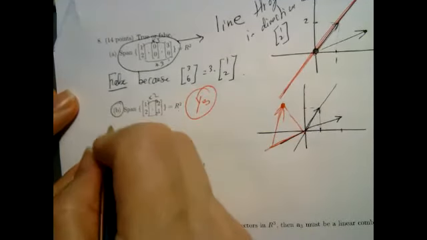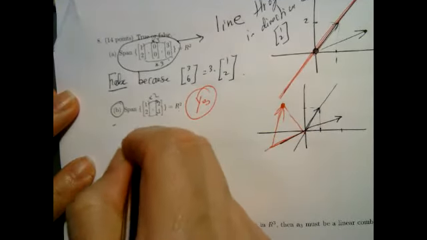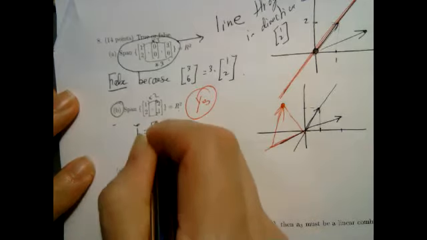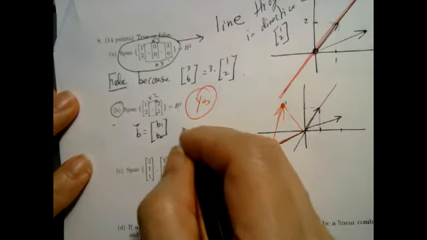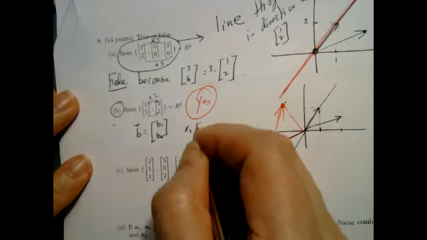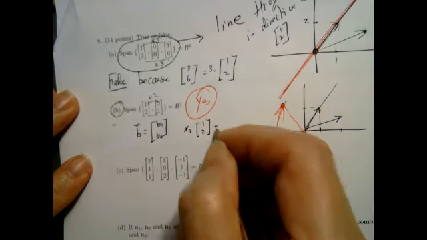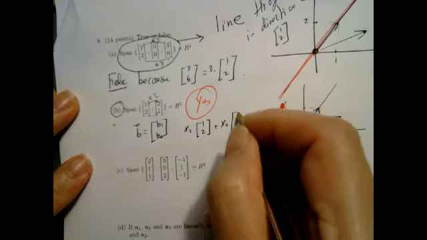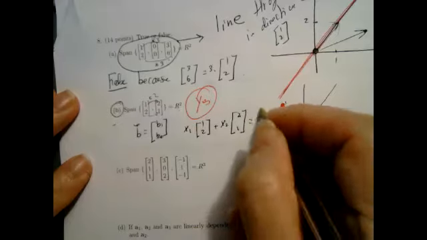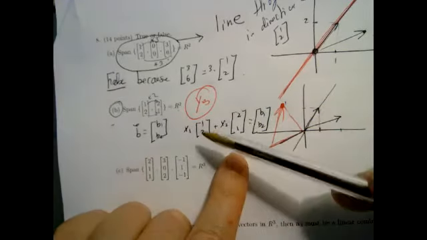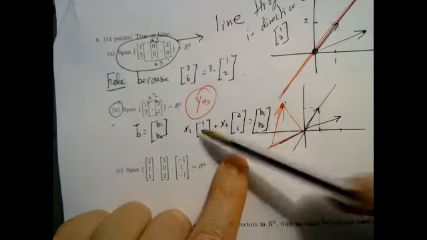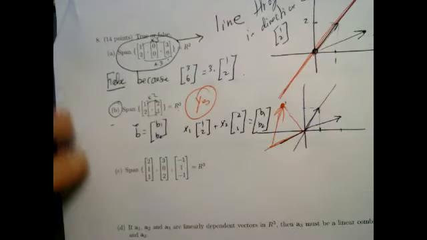You're going to ask yourself, if I take any vector, B1, B2, can I always find weights so that I can reach the vector B1, B2? In other words, can I find a solution regardless of what B1 and B2 is?